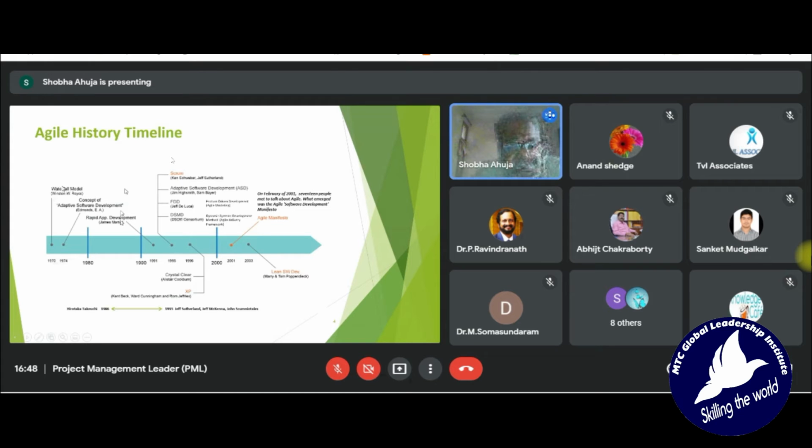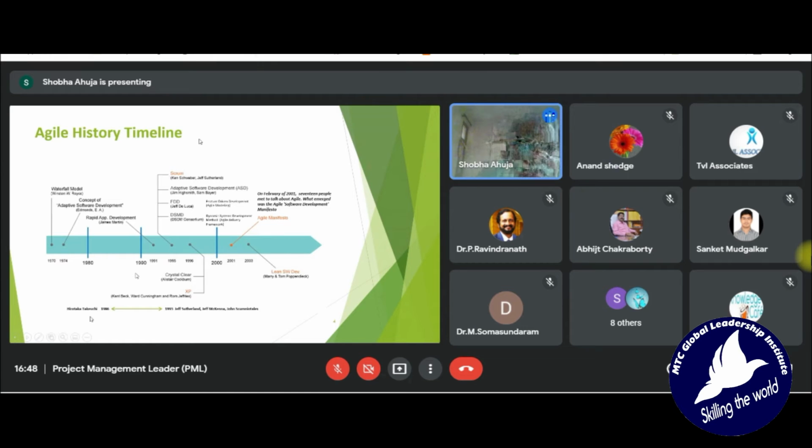Then came 1995 onward, another thing: Scrum. It is very much limited to software. Jeff Sutherland and a Japanese man, Hirotaka Takeuchi, came out with something known as Scrum.